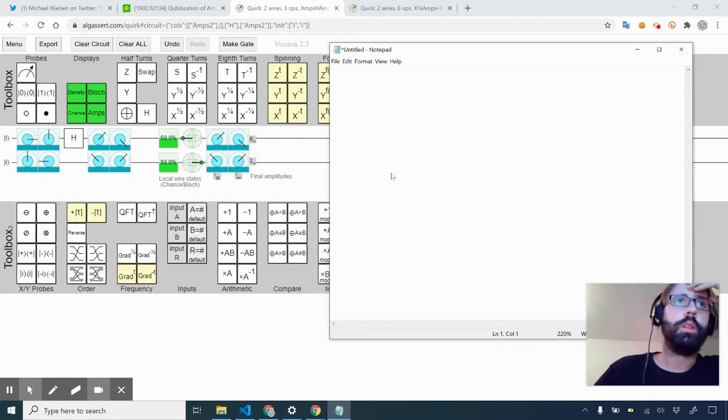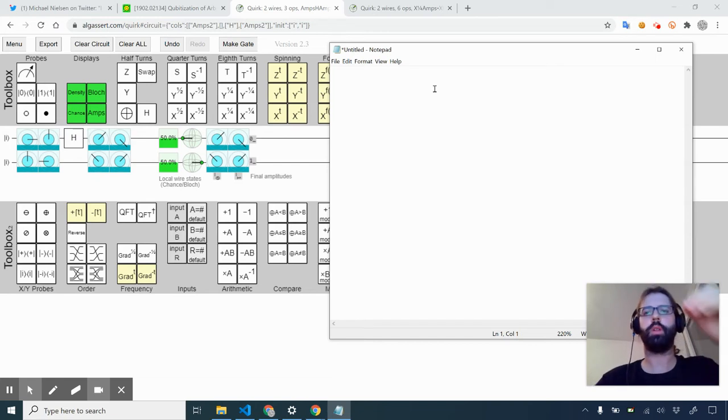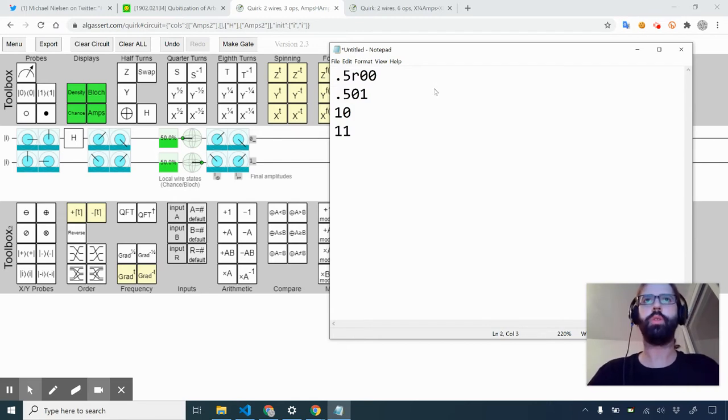So let me see. What is the state that we have here, right? We've got a 0.5 real and a 0.5 imaginary, 0.5 imaginary and minus 0.5 real. So our system is in this state, and I'm not going to normalize stuff unless I really need to.